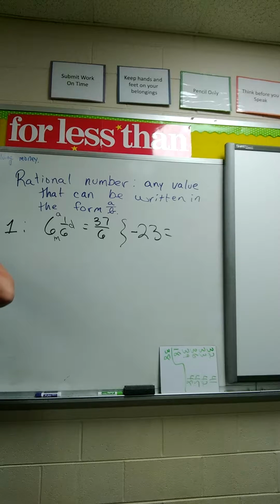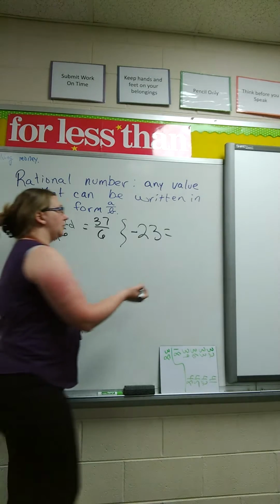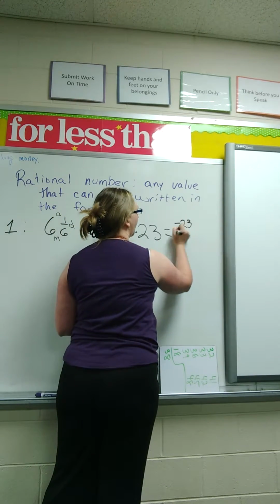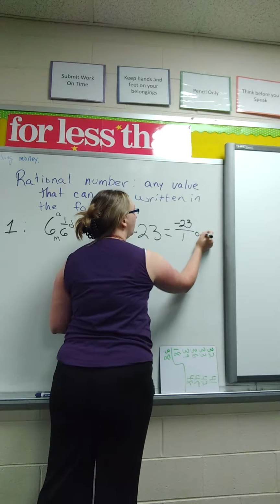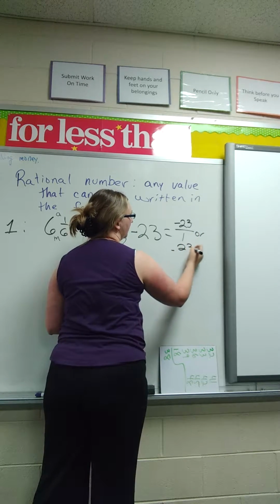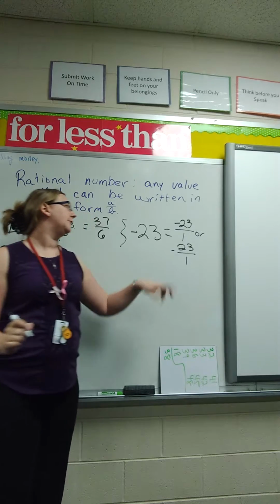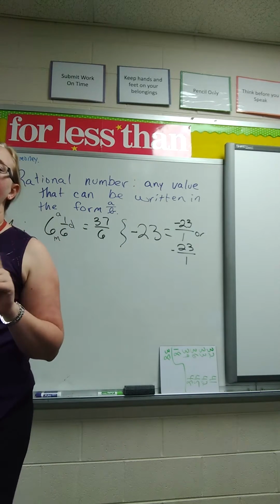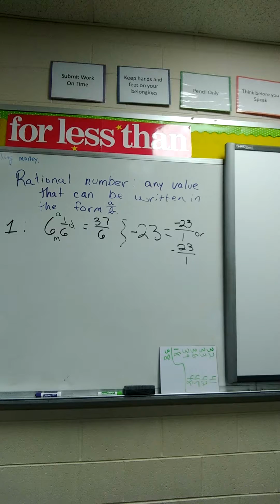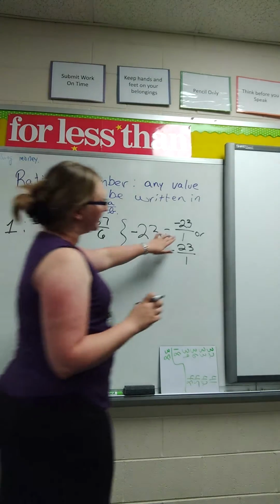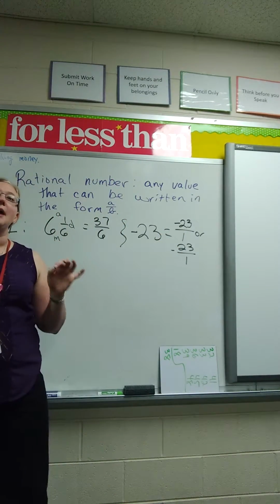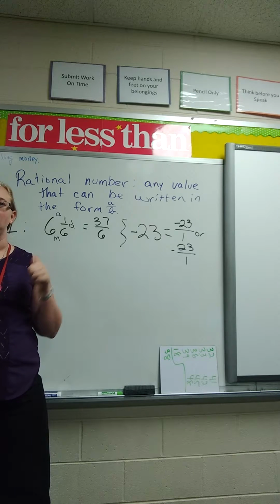Negative 23 over 1. There's two different ways that I can write that. I can write negative 23 over 1, or I can write that as negative 23 over 1. The difference is where I put my negative sign. As long as I have one negative sign present, it does not matter where I put it. I would recommend not putting it in the denominator, but as long as you have one negative sign present, we're good to go.